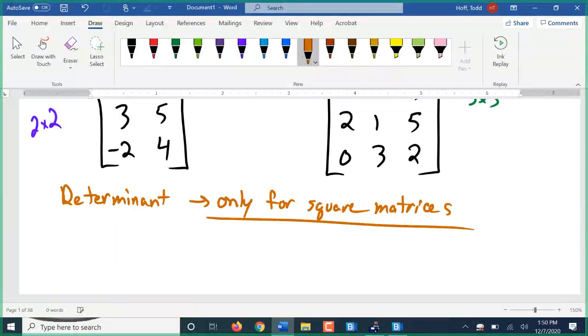Unfortunately, the method for calculating a determinant varies depending on the size of the matrix. For a 2 by 2 matrix, there's a very simple way to calculate the determinant. But if they get bigger from a 2 by 2 matrix, the process gets to be more complex.